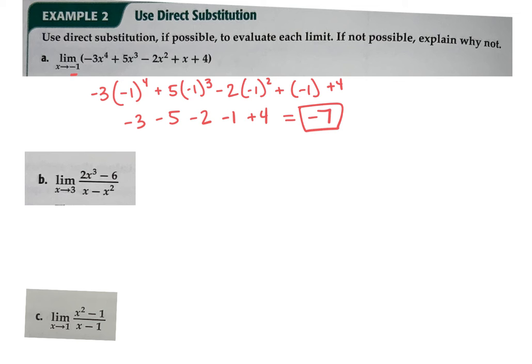If I have a continuous function, then it is approaching the number it's actually going to be. There's no jump, there's no hole, there's nothing else like that that causes a problem. So I'm going to be approaching the actual number that I am when I get there. It's continuous. So when you have a continuous function like that, or a function where there's not a problem at what you're actually approaching, you can plug it in.